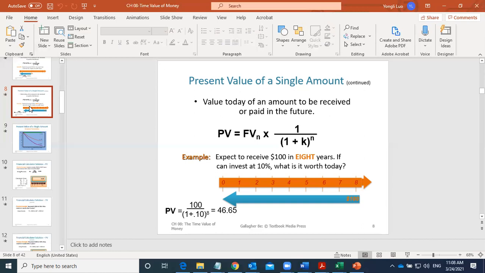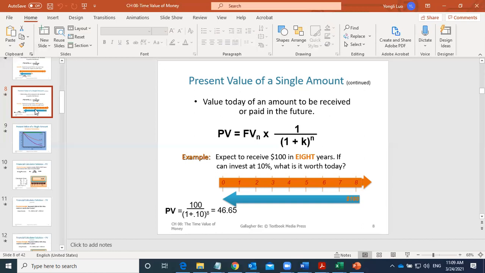So look, the present value is basically your future value times the inverse of 1 plus k raised to the power of n. Or you can say, if you move the future value to the numerator, it is the future value divided by 1 plus k raised to the power of n.